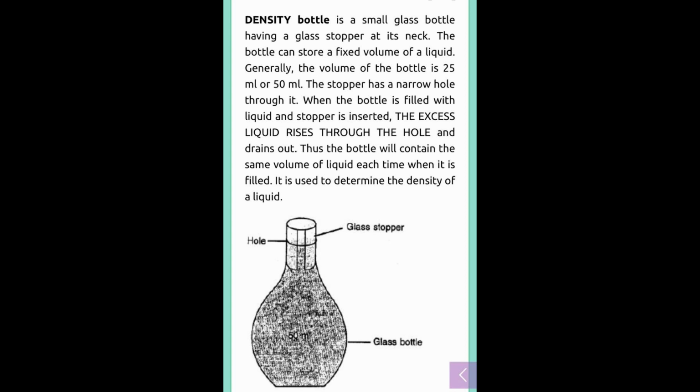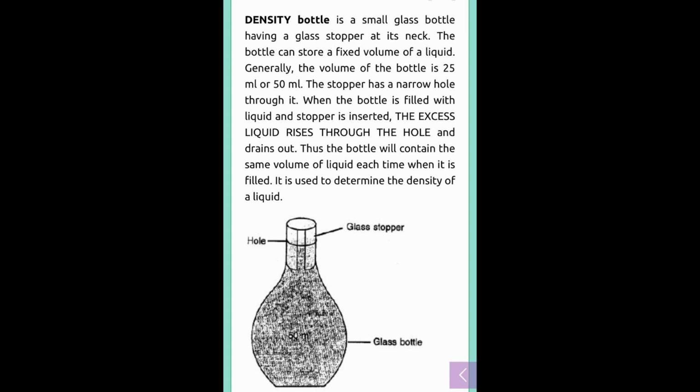So density bottle helps us to find out the volume of a given liquid. As it is already mentioned there on the bottle, either it can be 25 ml density bottle, or it can be 50 ml density bottle. So when we are pouring the liquid inside the bottle and we are closing its mouth with a stopper, the extra water starts moving out of the bottle, and then the amount of water that is left in the bottle depends upon the volume of the bottle.